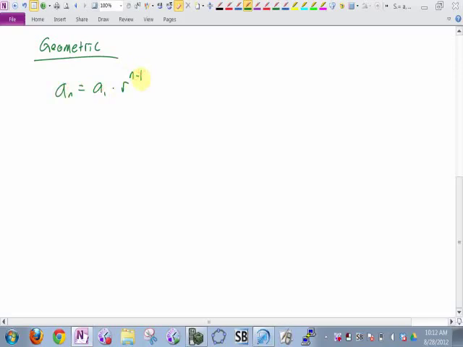You might remember from calculus last year that sometimes the formula didn't look exactly like this, because if you're doing sigma notation, sometimes the summation index starts at 0. So maybe it's the first term times r to the n. Depending on how your index is written and what your initial numbers and subscripts are, make sure you can be flexible with that. But the concept is still the same.